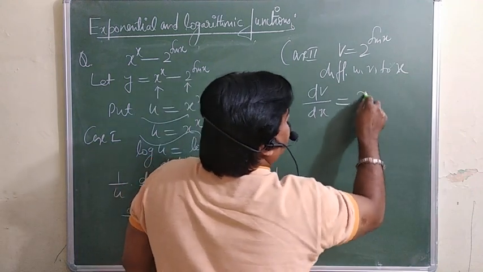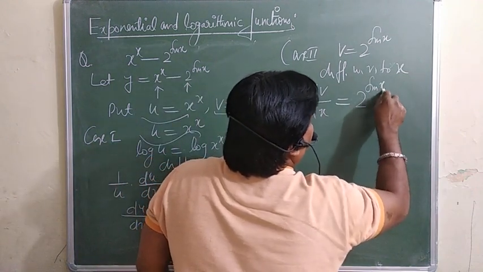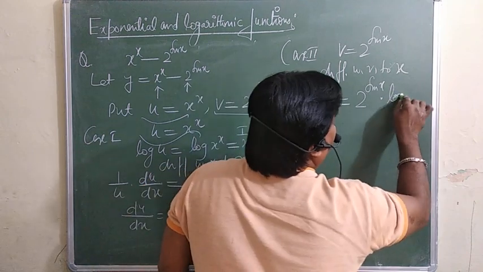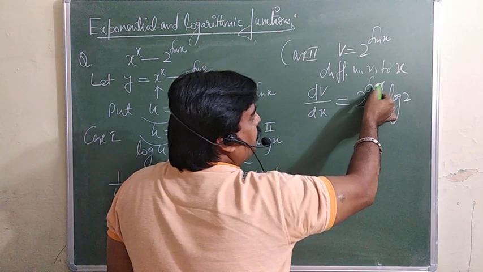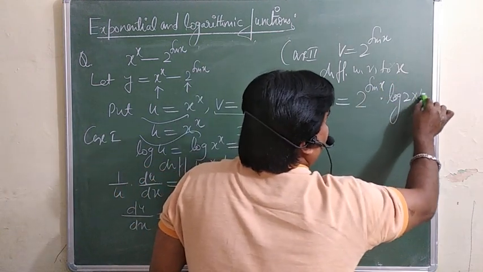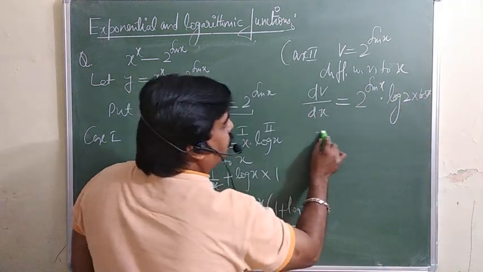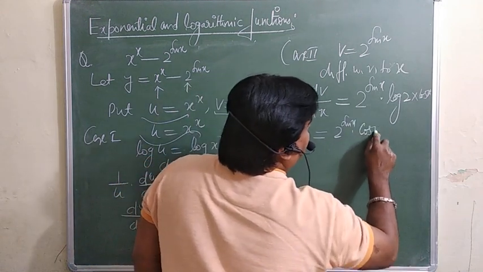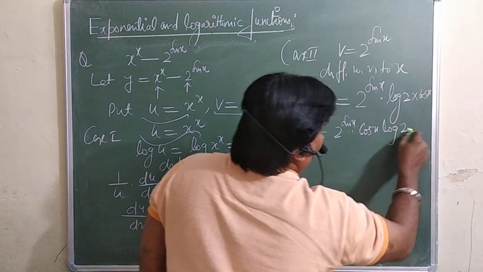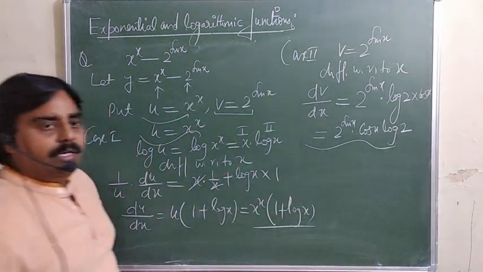A raised to power x means a raised to power x as it is into log a. But you have to find the derivative of this one. So derivative of sin x is cos x. So finally you are getting 2 raised to power sin x into cos x into log 2. This is the value of dv over dx.